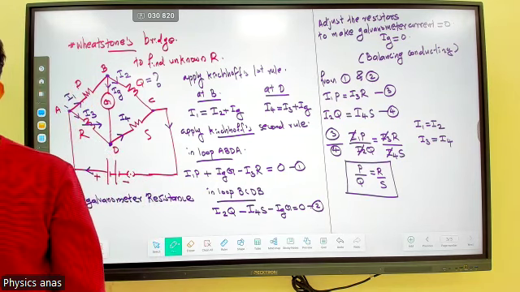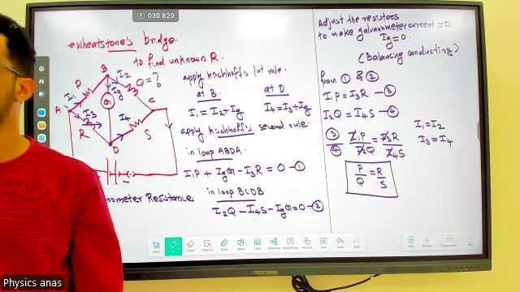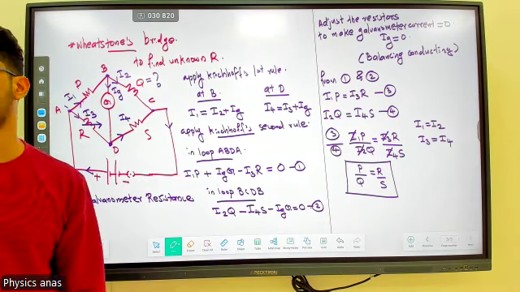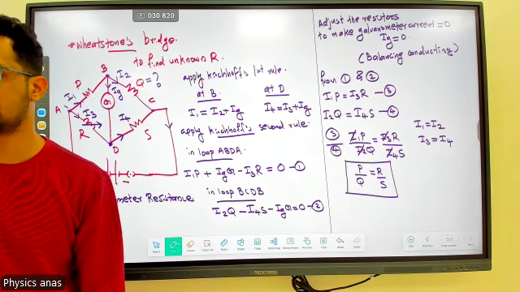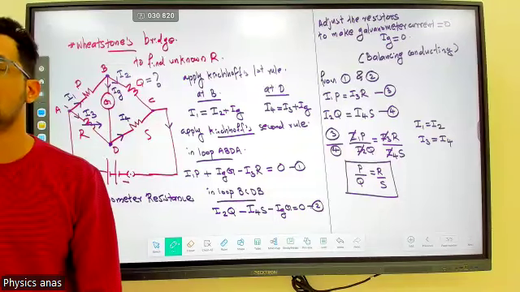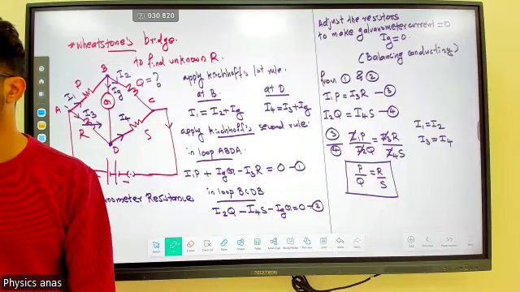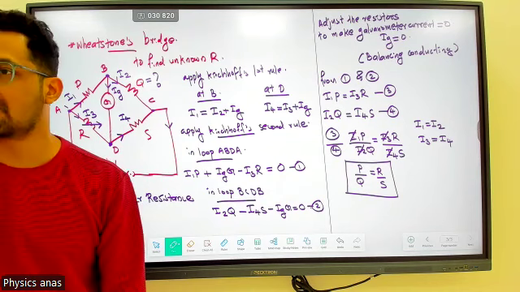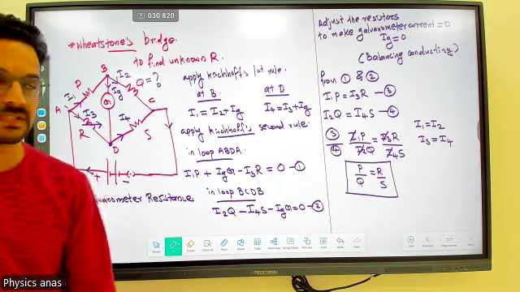Then internal resistance in series, internal resistance in parallel, then distance relation. 5 derivations are very important. There are other derivations also, but these 5 are very important. Clear? Now can we go to the MCQ part?